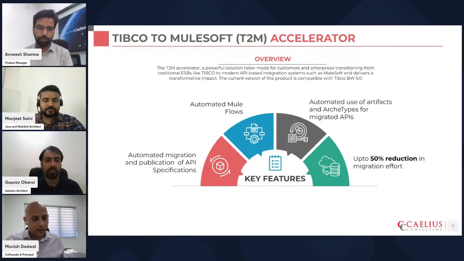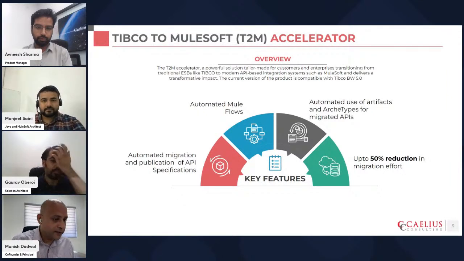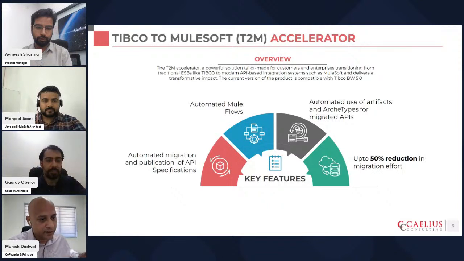Briefly, I want to touch on what the T2M Accelerator is. The current version of the Accelerator supports BW5 migration to MuleSoft. It does automated conversion of your Tibco projects to MuleSoft APIs. It converts it into RAML and publishes it to Exchange also, which Gaurav and Manjeet will talk about as we delve deeper into the session. It creates your archetypes, your basic API templates, downloads dependencies, and then creates flows and subflows.